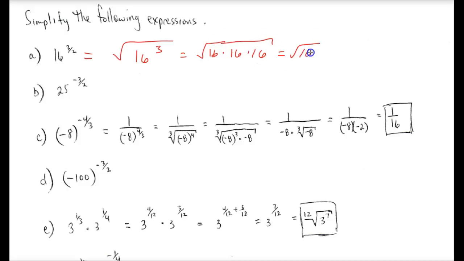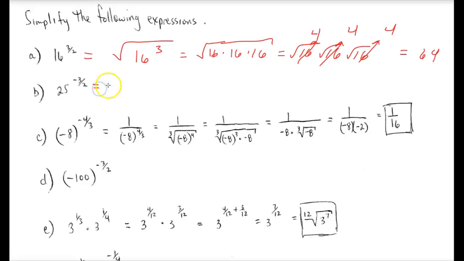And of course, if we break those up separately, we know each one of these will equal 4. And so 4 times 4 times 4 would just be 64. So that's what the answer to that one would be.